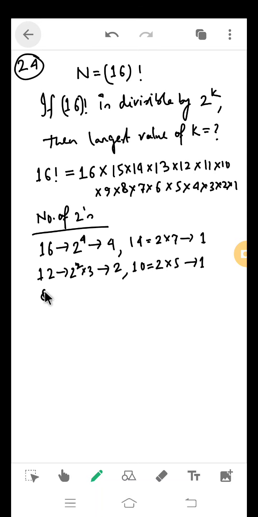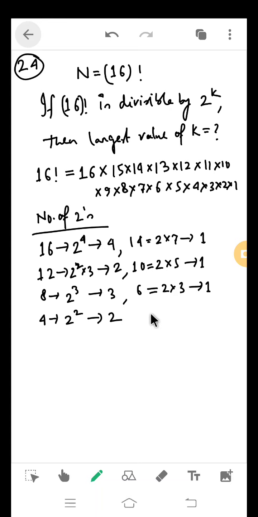Then 8 can be written as 2 cube, so there will be 3 2s. Then 6 can be written as 2 into 3, so there will be 1 2. Then 4 can be written as 2 square, so you have 2 2s, and 2 is just 2 into 1, so there will be 1 2.